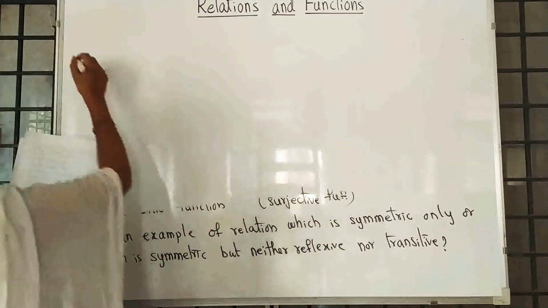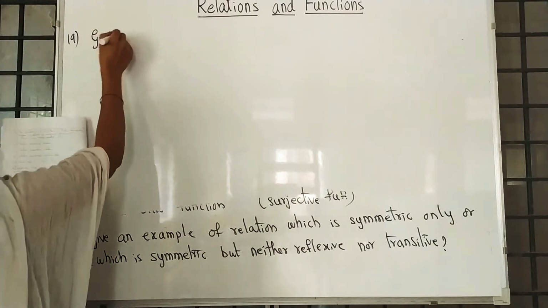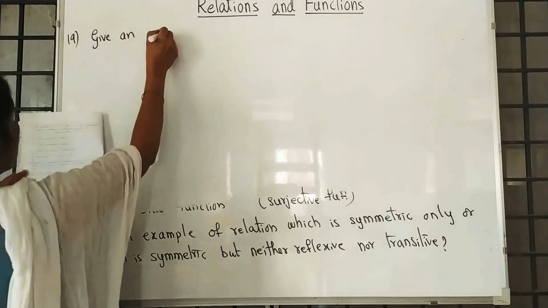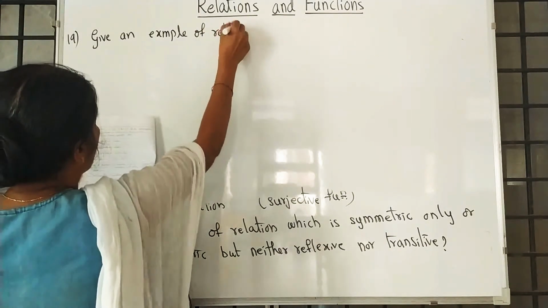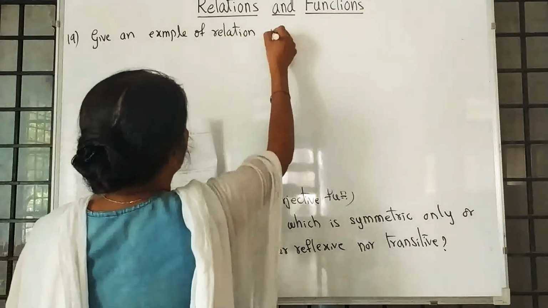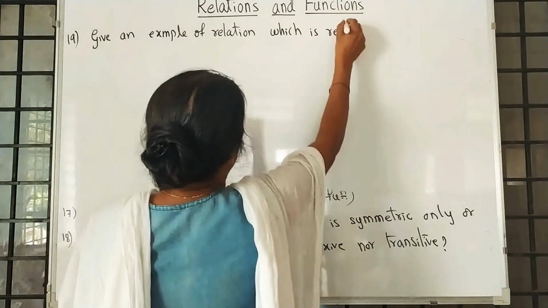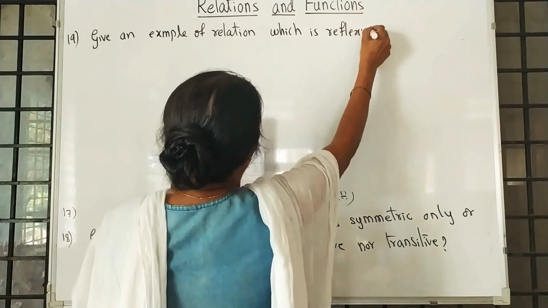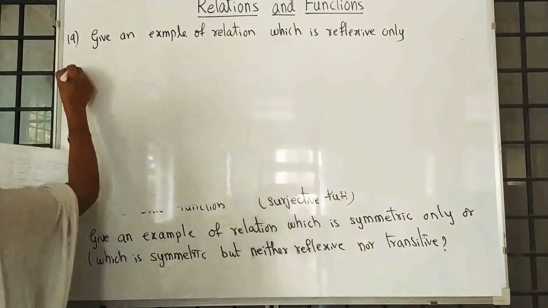Moving to the next question, that is question number 19. One mark questions are very important because there is no choice for them. Give an example of a relation which is reflexive only. Next, 20th.